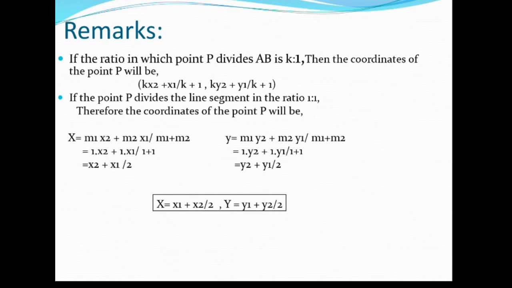Now, if the point P divides the line segment in the ratio 1:1, then the coordinates of the point will be (x2 plus x1) divided by 2 and (y2 plus y1) divided by 2. As we can see here, we just change m1 and m2 to 1.